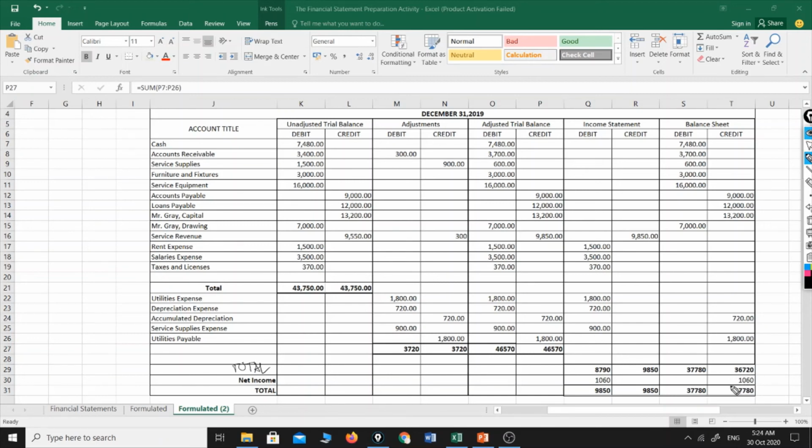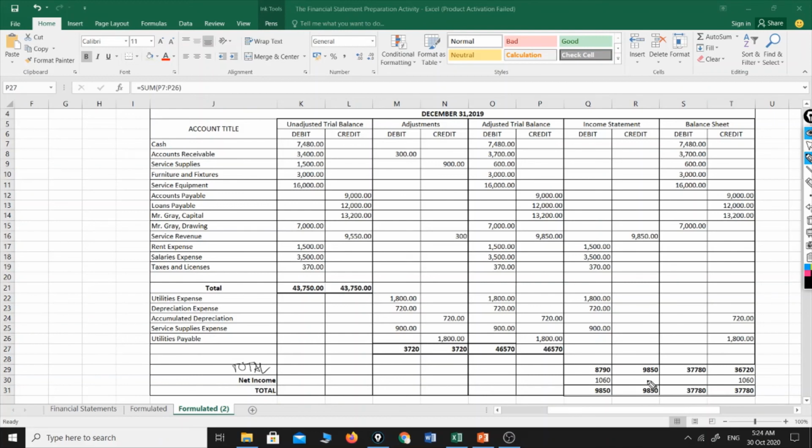36,720. You may be asking why the amounts of the debit and credit are not equal. It is because the income or loss has not yet been reflected, and so we have to reflect the difference. Okay? So whatever the difference between the debit and credit, it indicates the amount of our income or loss.